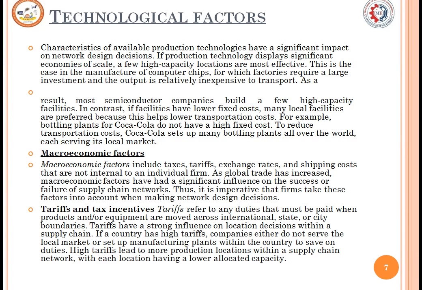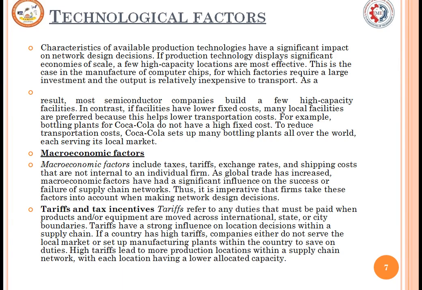Thus, it is imperative that the firm takes these factors into account when making network design decisions. Tariff refers to any duty that must be paid when products or equipment are moved across international, state or city boundaries. Tariffs have a strong influence on location decisions within the supply chain.